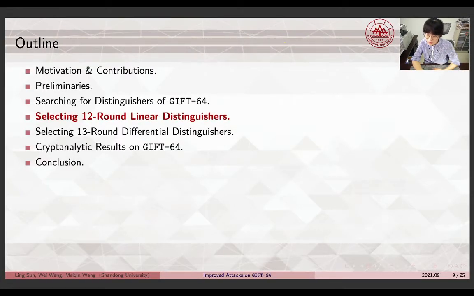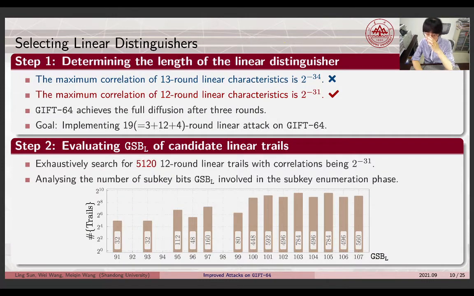Now, let's move on to the selection of 12-round linear distinguishers. The selection of the linear distinguisher can be divided into three steps. In the first step, we determine the length of the linear distinguisher.